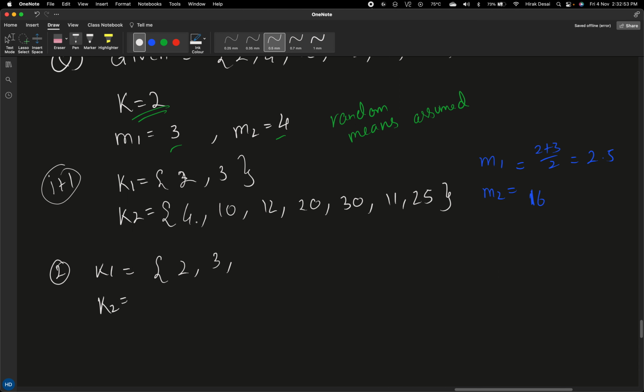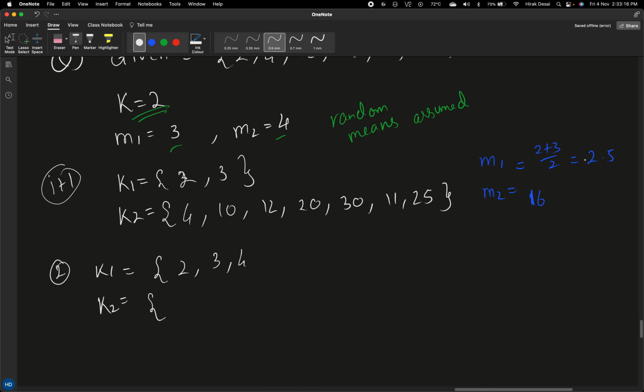Now the question arises for 4. Is 4 a part or not? Let's check. 4 minus 2.5 is 1.5. 4 is obviously closer to 2.5 than to 16, so 4 becomes a part. Let's look at 10.